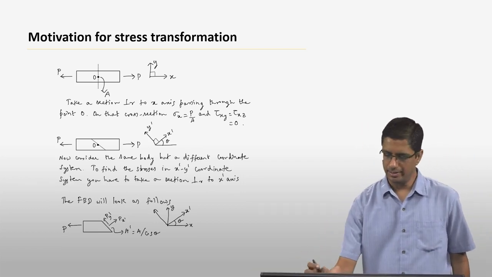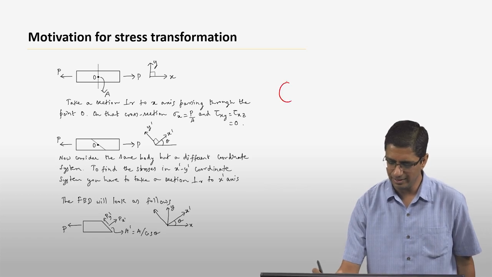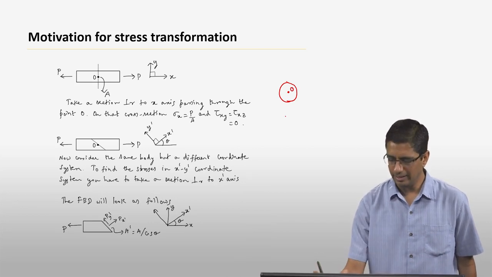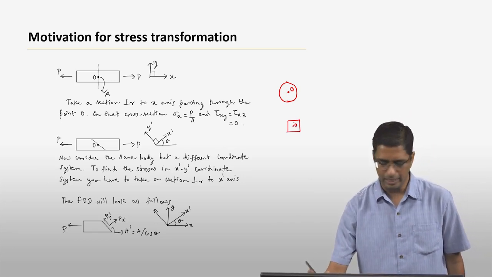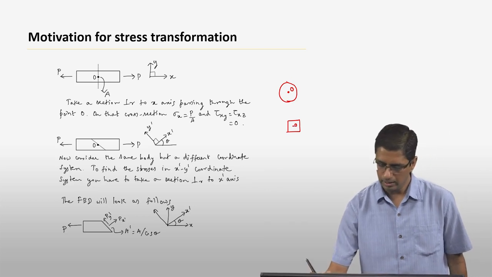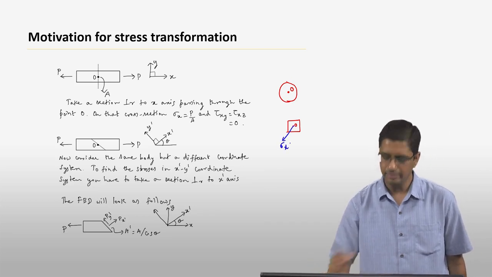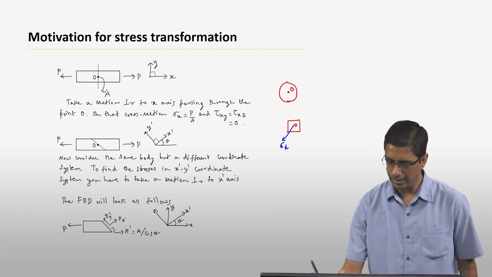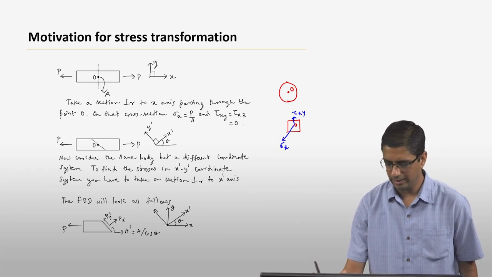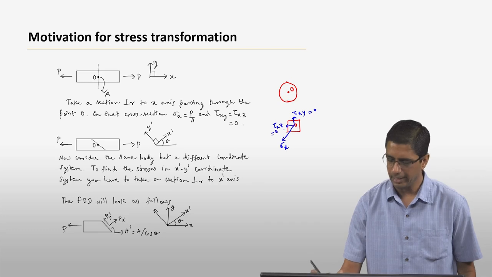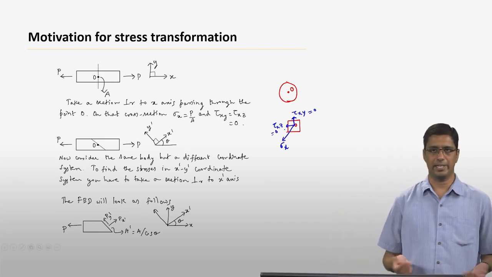So if I look at the cross section there, let's say it's a circular cross section, and this is the point O. If I draw a small area around that point O, I'm going to have a sigma x there, but my tau xy and tau xz are both going to be equal to 0, because there are no internal shear forces in that particular cross section.